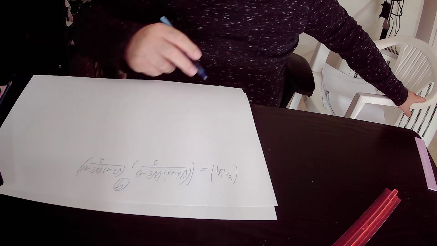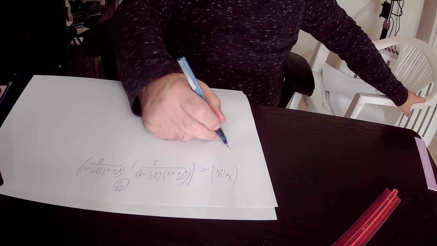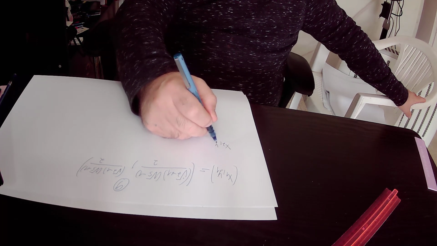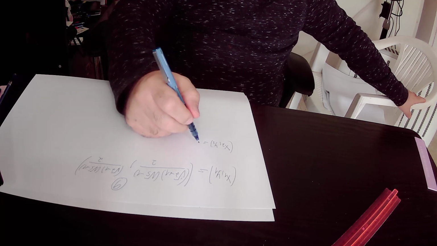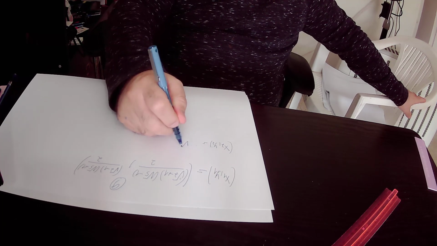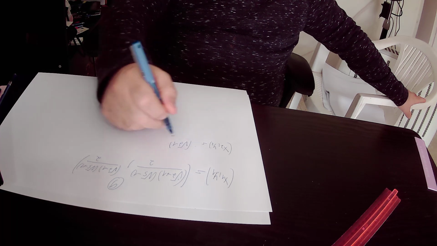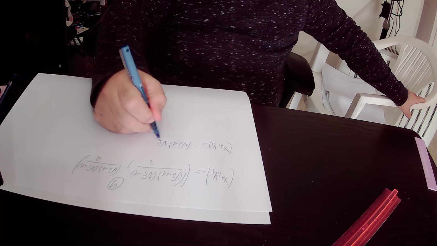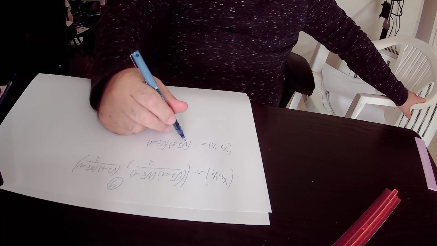This is the first solution to the question, and the second solution is x2 y2, where x2 equals the square root of 2 minus 1 times the square root of 5 plus 1 over 2.